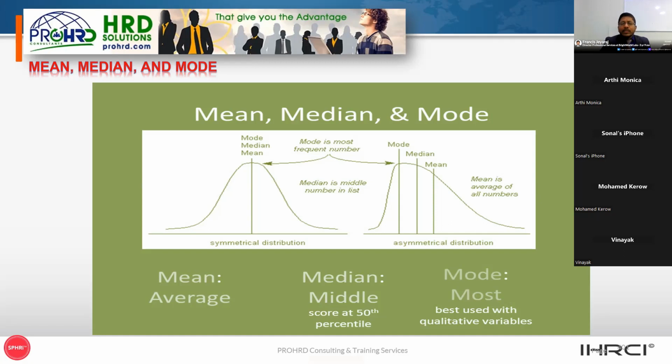For example, when someone is paid a lot more than others, like in this example, the mean is strongly influenced. When you say the average is $334, it looks like everyone is doing okay. The median is more reflective.